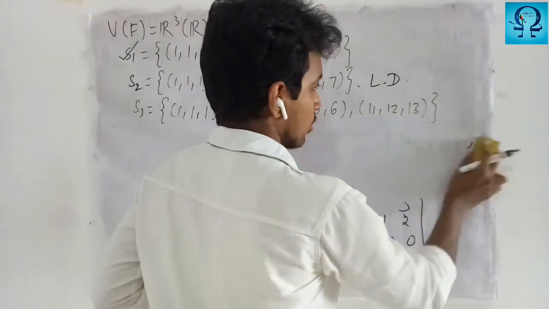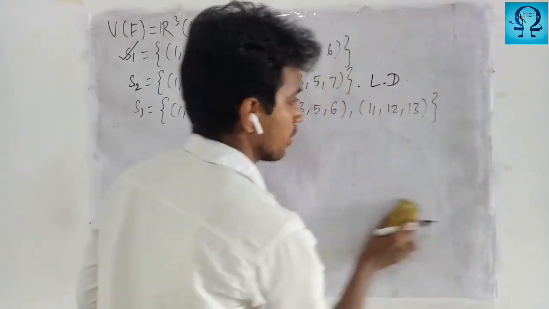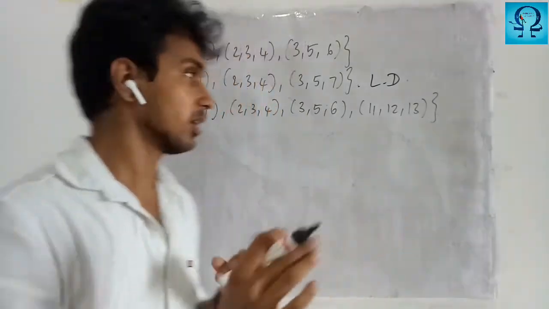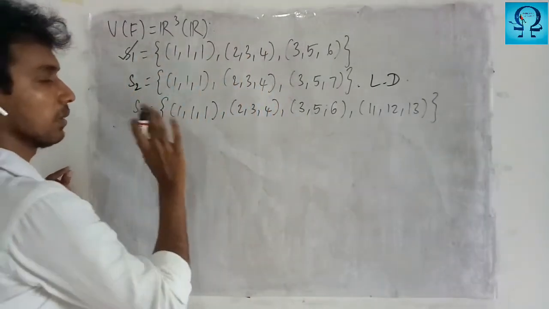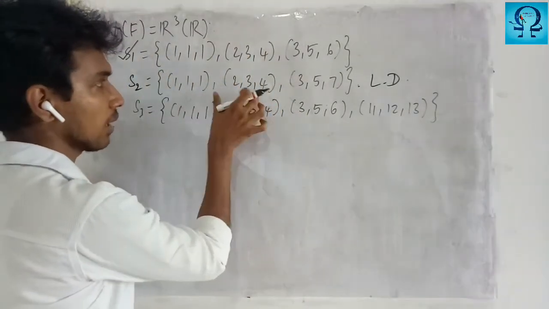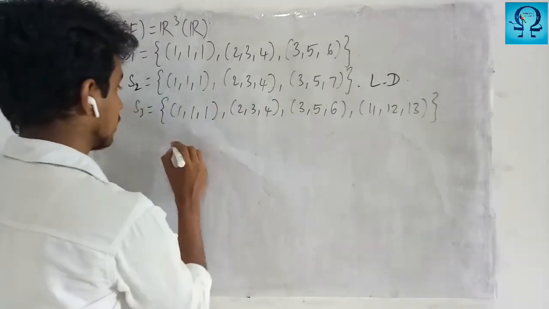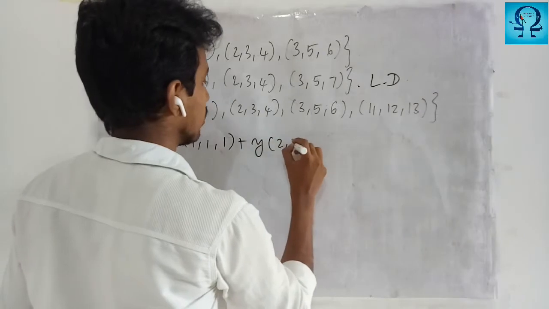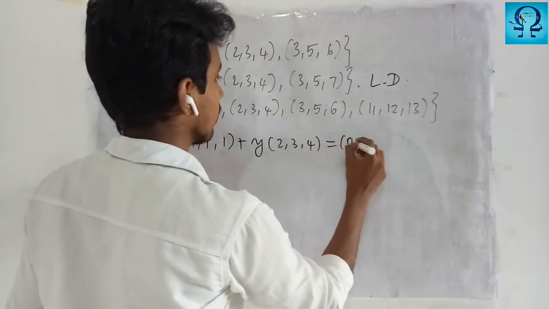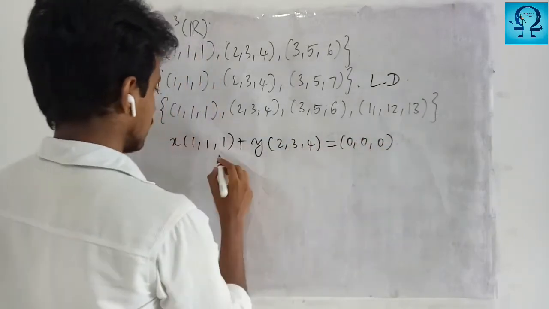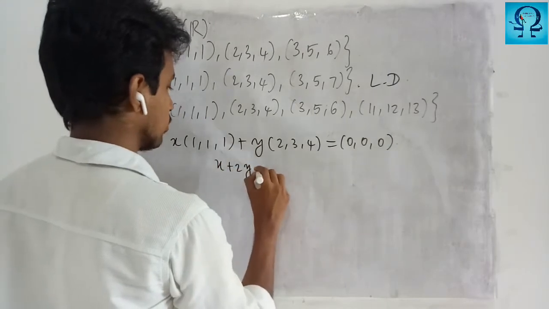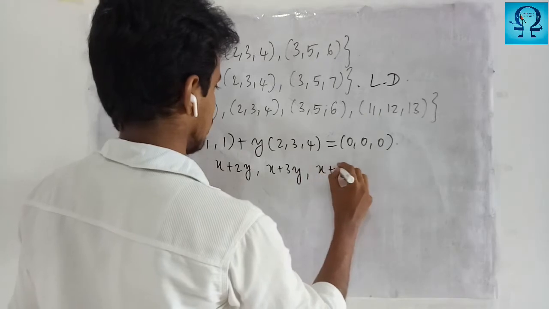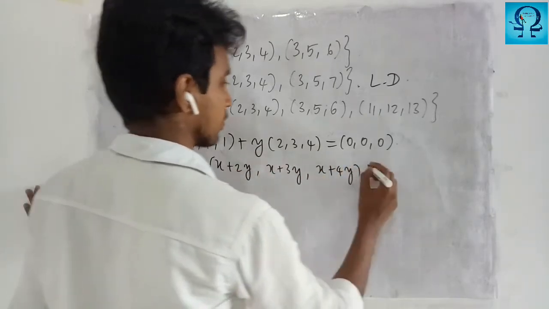Just for the convenience purpose, I have given you the entries in the arrangement form. Here let me try these two things, whether they are linearly independent or not. So x times of (1, 1, 1) plus y times of (2, 3, 4) is equated to (0, 0, 0), and this is going to give me x plus 2y, x plus 3y and x plus 4y.